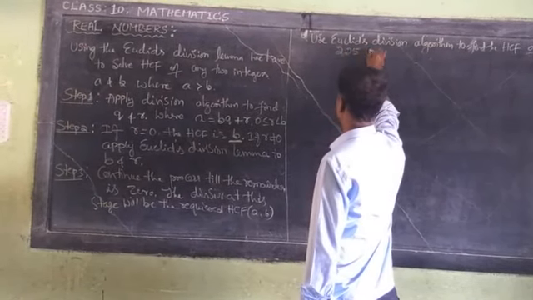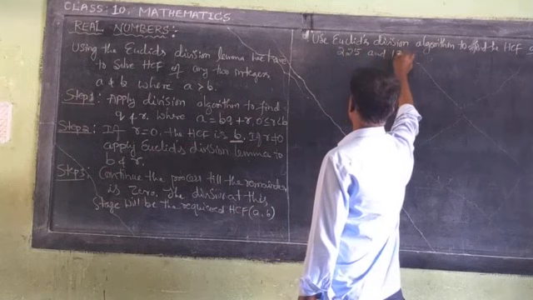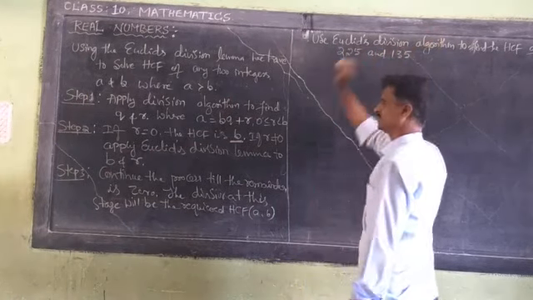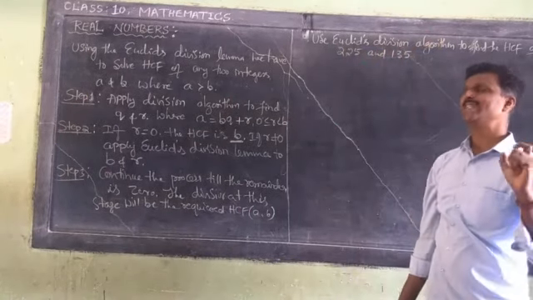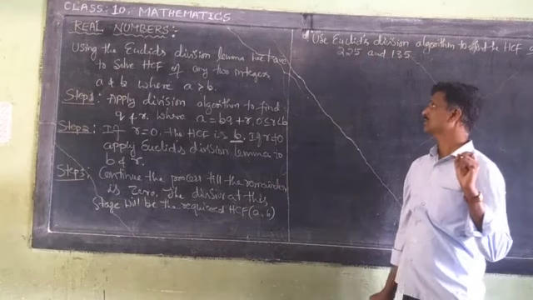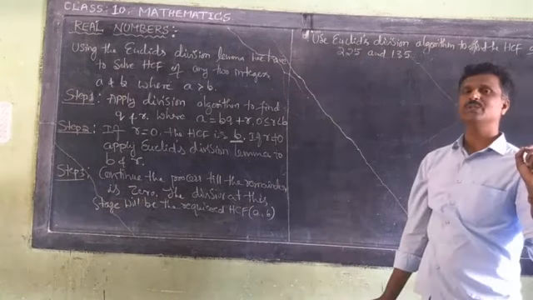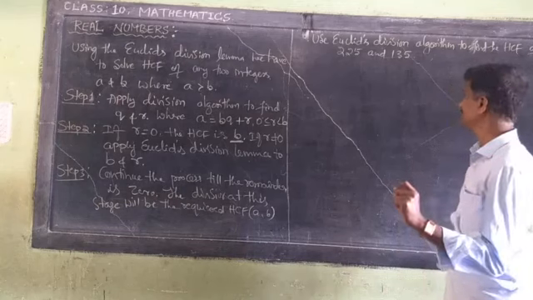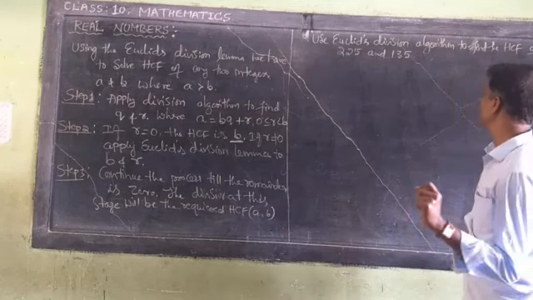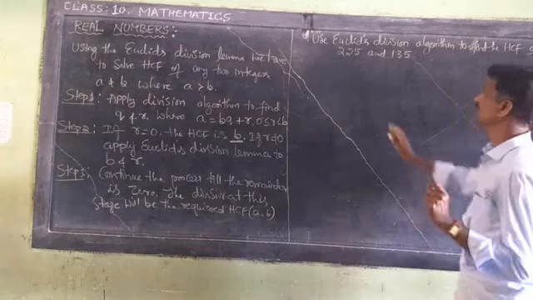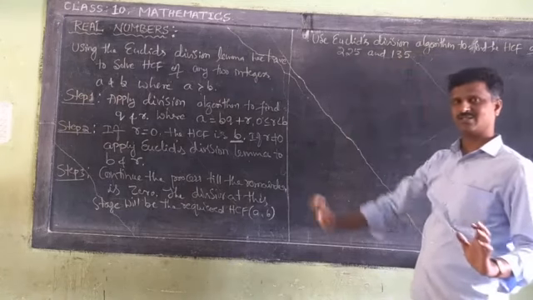These are the two integers. You can use the Euclid division algorithm to find the HCF of these two numbers.